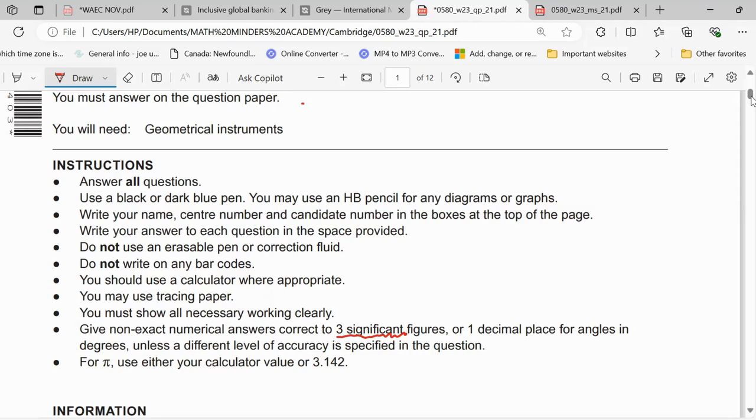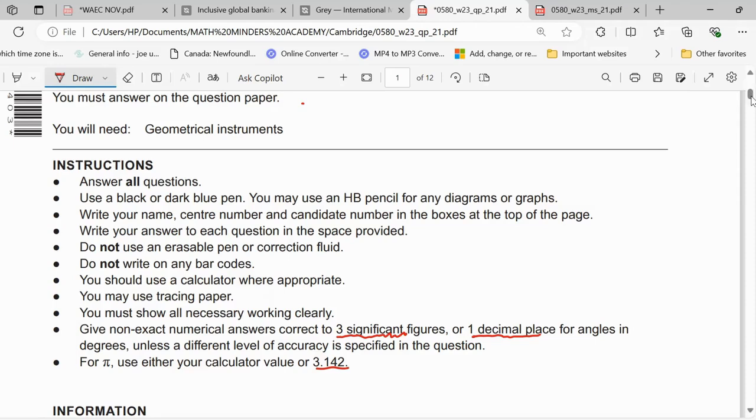We leave our answers to 3 SF. And then for angles, we are encouraged to leave our angles to 1 decimal place. This is very important. And then we use the value 3.142 for pi, or we use our calculator value.